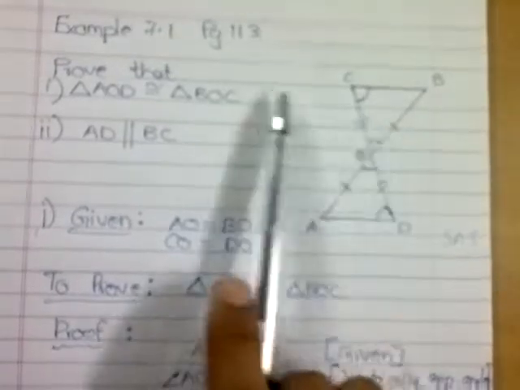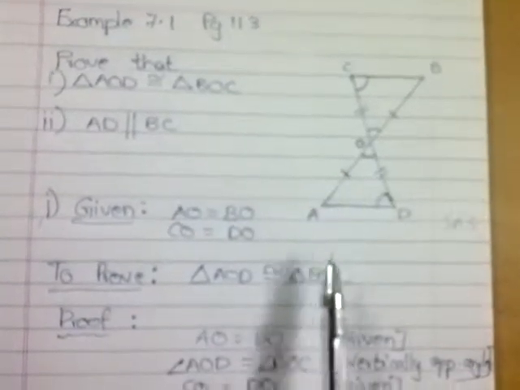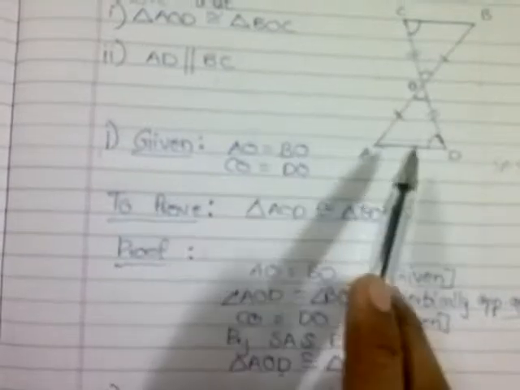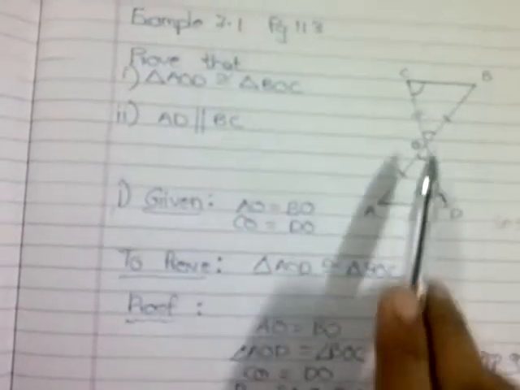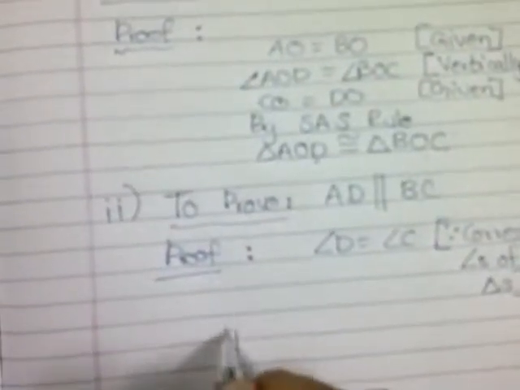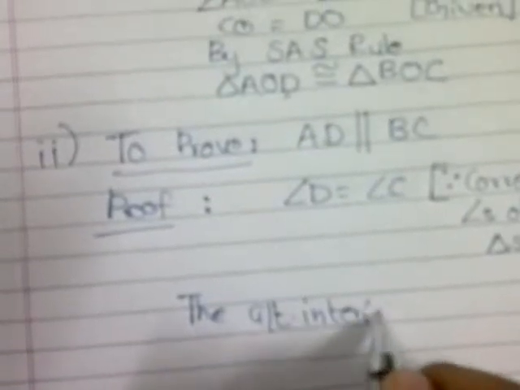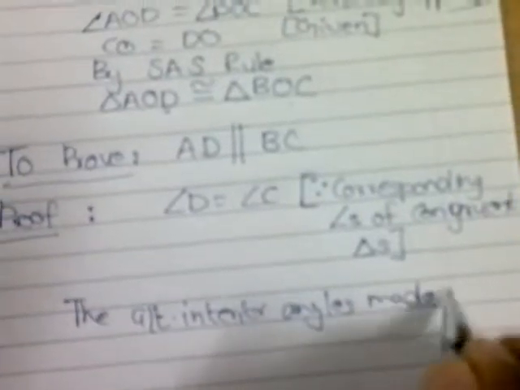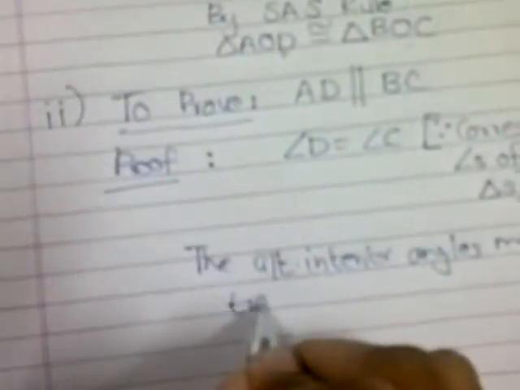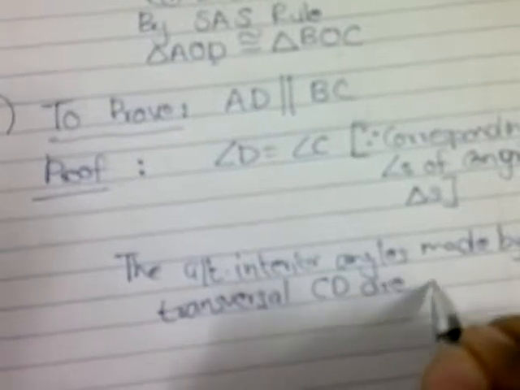Now these two lines are AD and BC, and CD is the transversal, and the transversal CD makes equal alternate interior angles. The alternate interior angles made by transversal CD are equal.